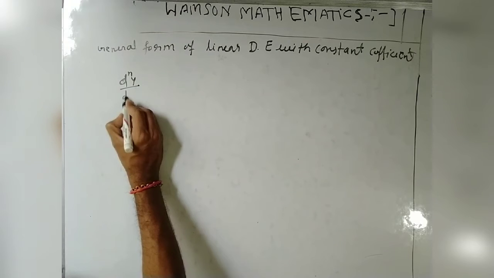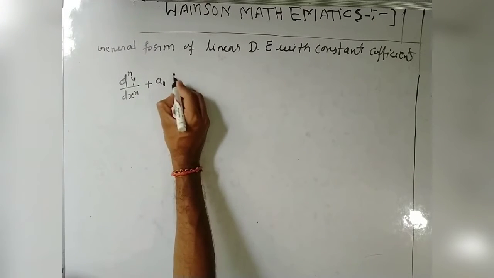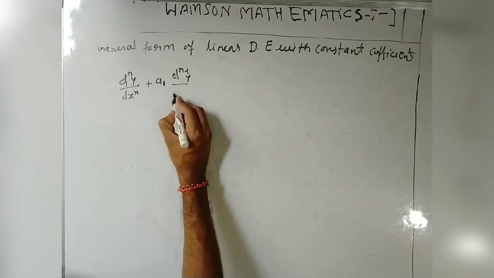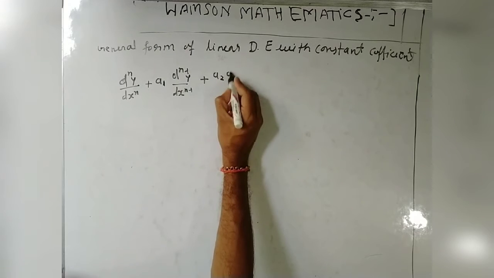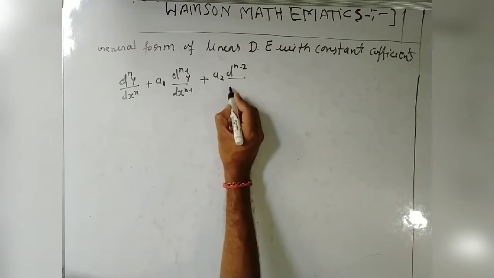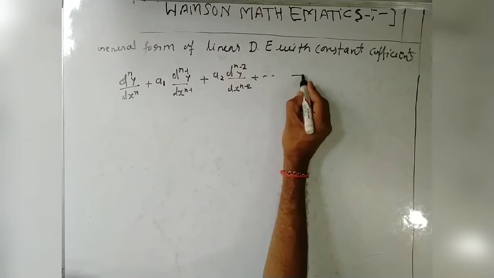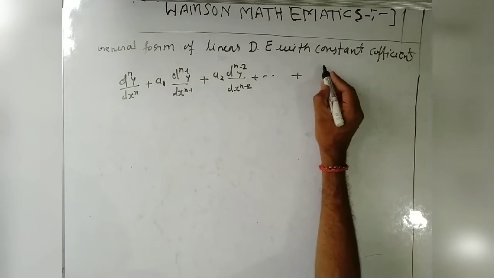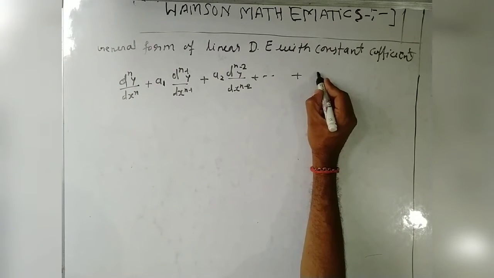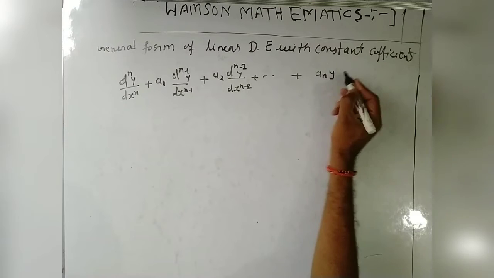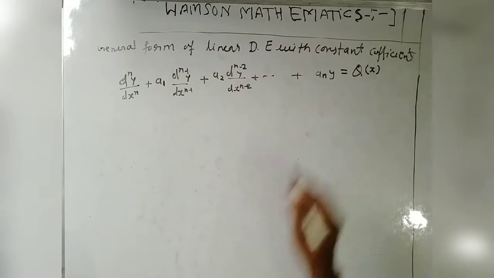d^n y over dx^n plus a1 d^(n-1) y over dx^(n-1) plus a2 d^(n-2) y over dx^(n-2) and so on, up to an times y, is equal to Q, which is a function of x only.